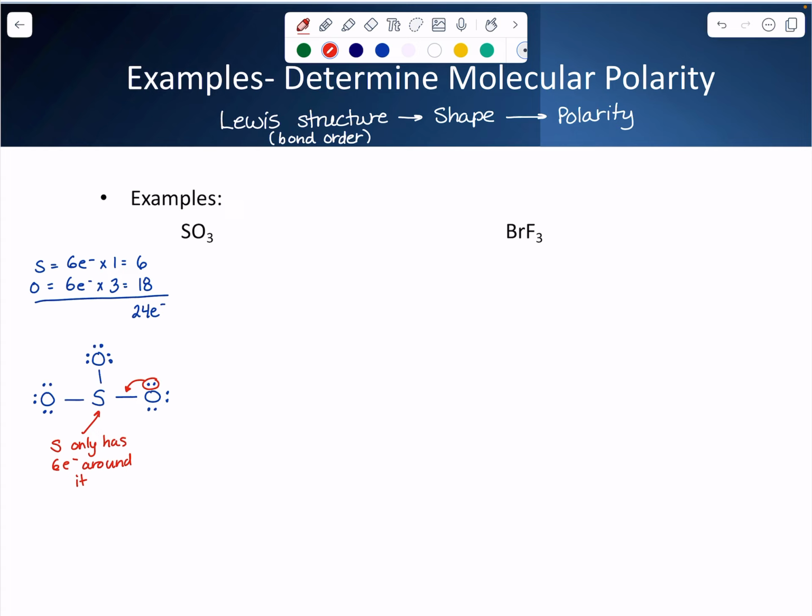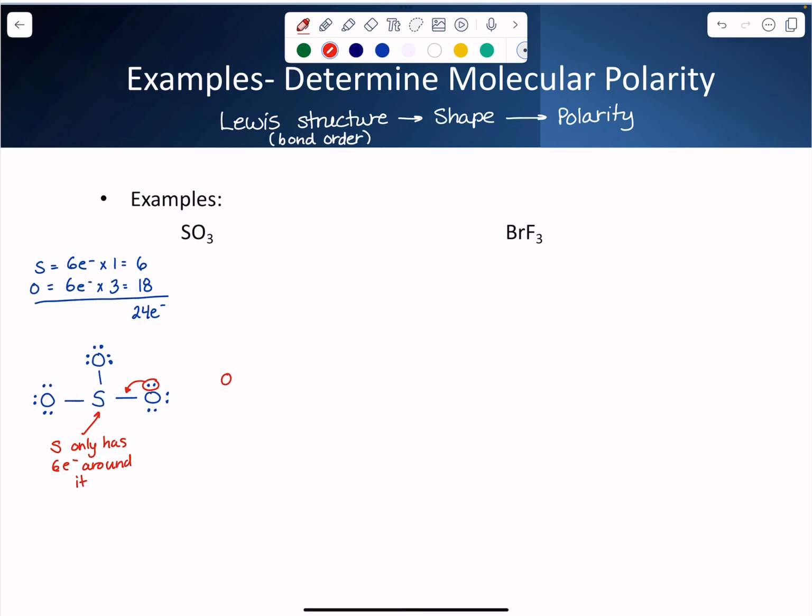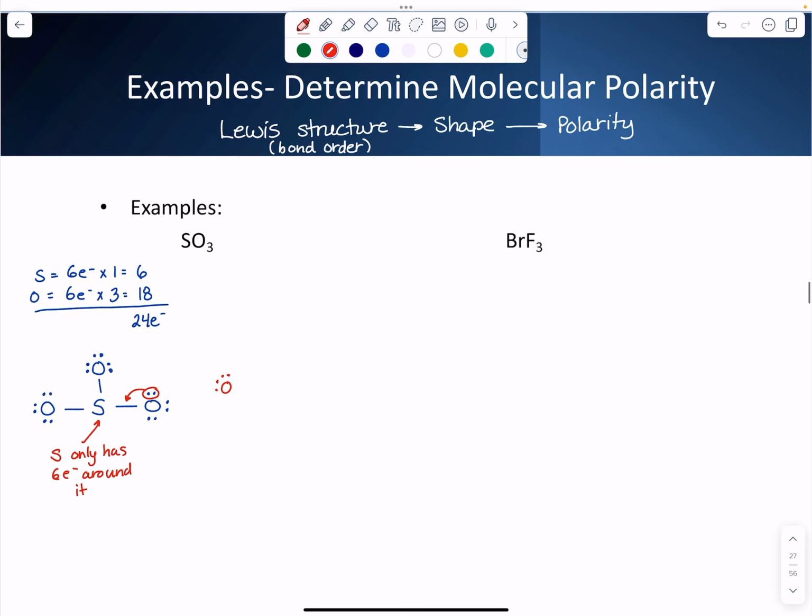You'll also notice that it doesn't matter which of the oxygens we take the lone pairs from. So I'm going to draw 3 versions of this structure, all equivalent, all having the double bond between a different oxygen and the sulfur.